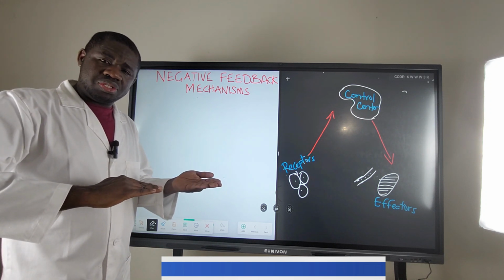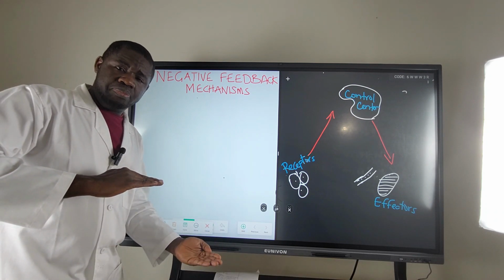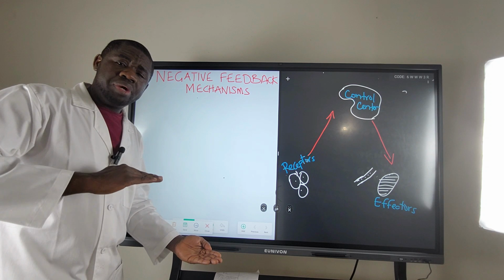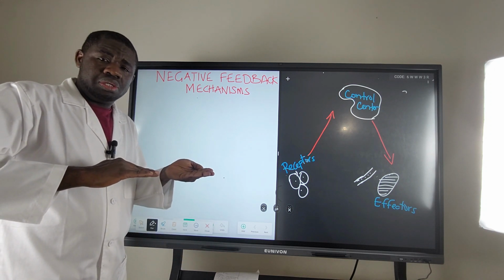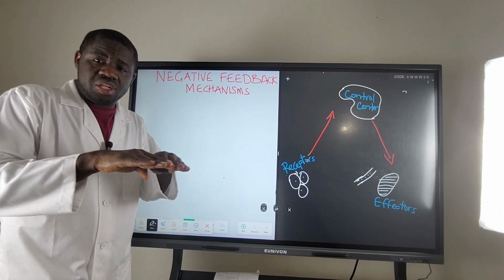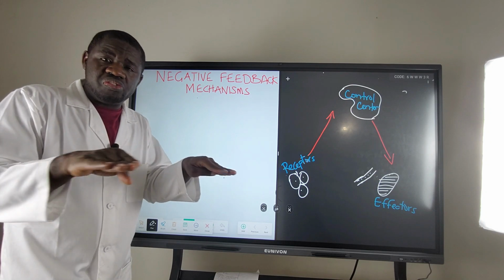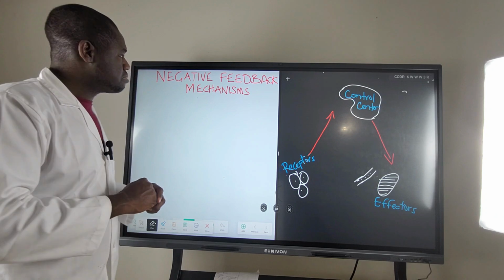And if a substance or a chemical is too low in the body, there's a way the body can make that substance to be a normal amount. So the objective is to ensure a state of balance, a state of normalcy, a state of orderliness.